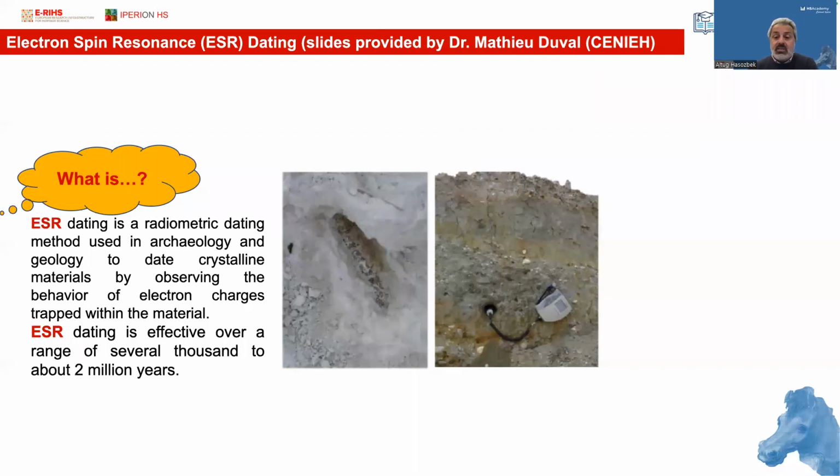The technique depends on the observation that irradiation from naturally occurring radioactive isotopes, mainly uranium, thorium, and radiopotassium, causes electrons to accumulate in defects within the crystalline lattices. The number of trapped electrons can be measured by spectrometers, and the rate at which they accumulated can be estimated from the level of background radioactivity to which the substance was exposed.